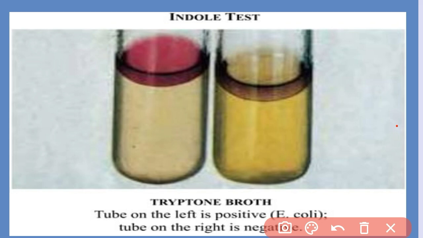It shows that the test is positive, and the positive test is given by the organism E. coli. Whereas towards the right side, after addition of Kovac's reagent, there is no formation of a cherry red colored ring, so the test is negative. Enterobacter aerogenes gives this test as negative.